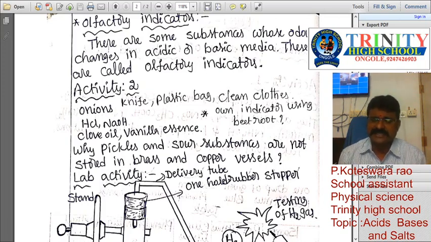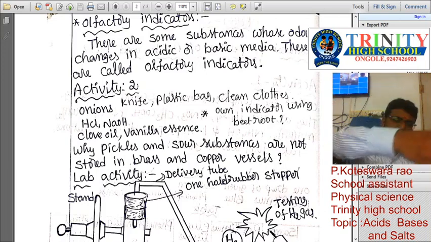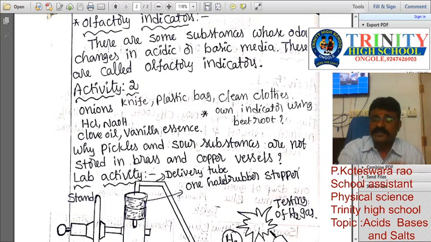Acid does not change it, but if you add NaOH 1 or 2 drops on that filter paper, it changes into yellow color. If you add HCl, there is no change. But if you add base, its color changes.